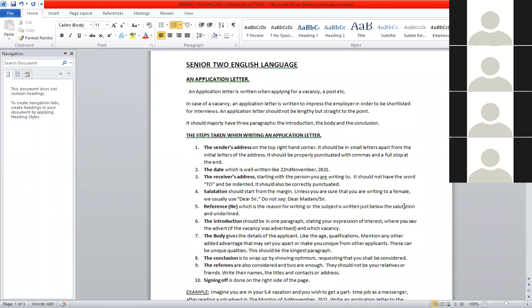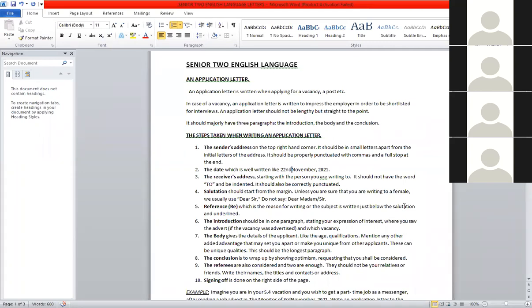What are you applying for? And if you read the advert maybe in media, internet, it can be in newspapers, it can be on television, it can be on radio, we normally quote. Okay, we are going to look at that.